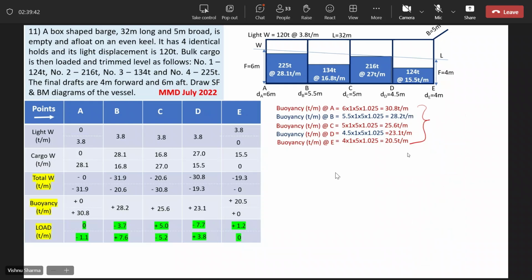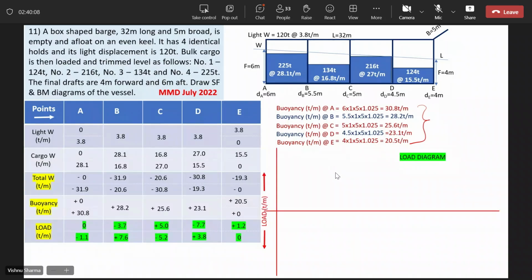Okay, now we make the load diagram. Will the load diagram lines be straight slanting? Yes or no? Because light displacement is a horizontal straight line. Cargo weights are horizontal lines. Buoyancy is straight slanting lines. So the resultant will be slanting straight lines. And when you plot them, you'll get the load diagram like this.